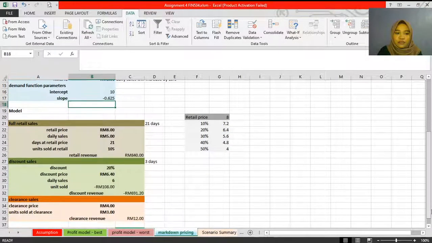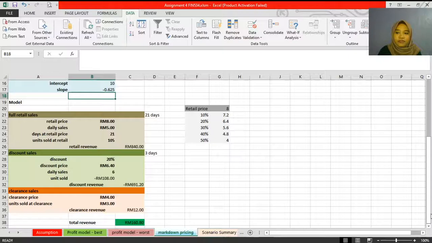And then for the model, we have 3 models, which are full retail sales, discount sales, and clearance sales.